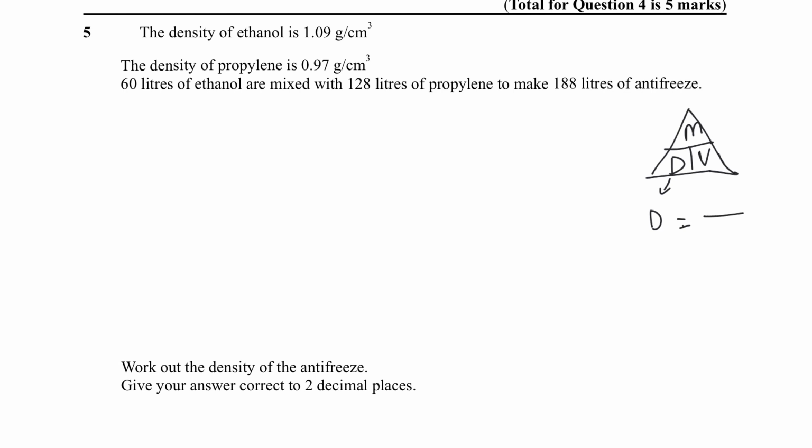Mass, we do not know the total mass of both the ethanol and propylene. And volume, we can actually work out the total volume. It tells us that 60 liters of ethanol is added and 128 liters of propylene is added. Put that into your calculator, you get 208 liters.